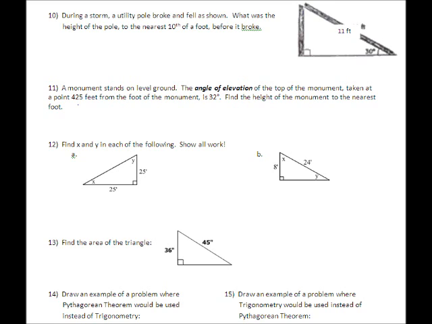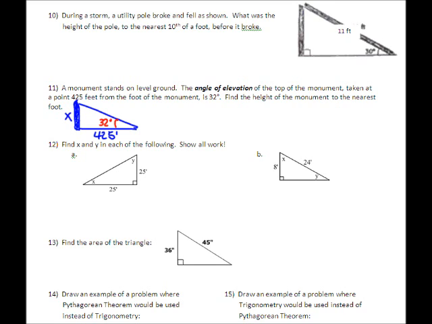A monument stands on level ground. Here's my monument. The angle of elevation of the top of the monument, taken at a point 425 feet away, remember, the angle of elevation is always in your triangle. This is 32 degrees. Find the height of the monument to the nearest foot.